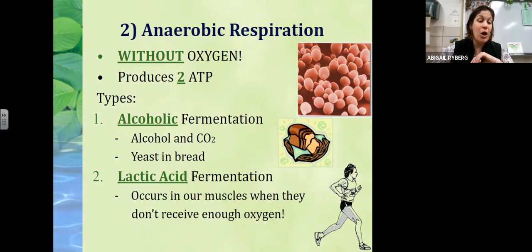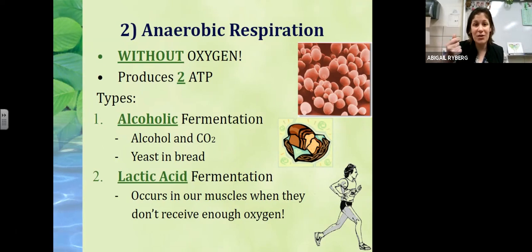The one that occurs in our body is called lactic acid fermentation. And this occurs in our muscle cells when they don't receive enough oxygen. So this is like when you're exercising or you're working your muscles really hard. So you go for a long run or you go lift weights. If you're running really hard, and your individual cells are not getting enough oxygen, they can't undergo aerobic respiration.